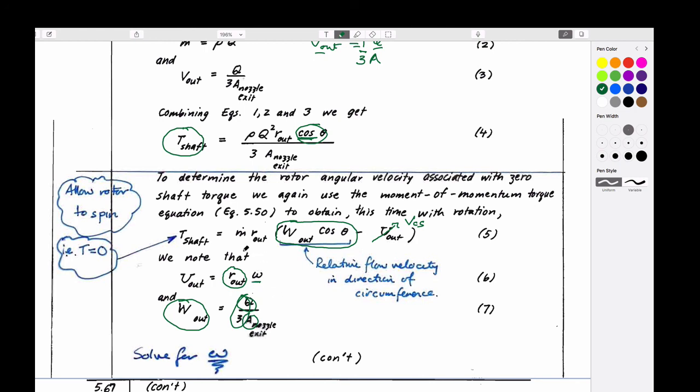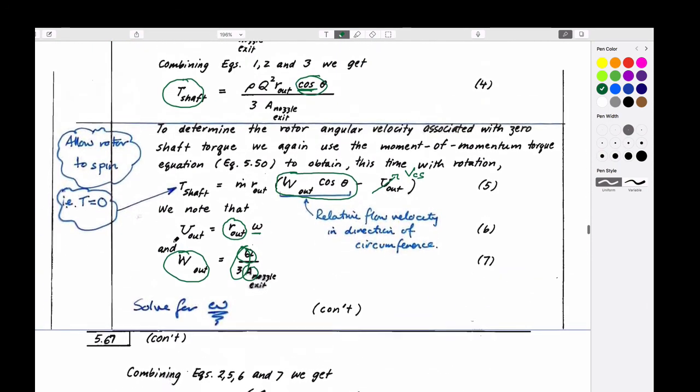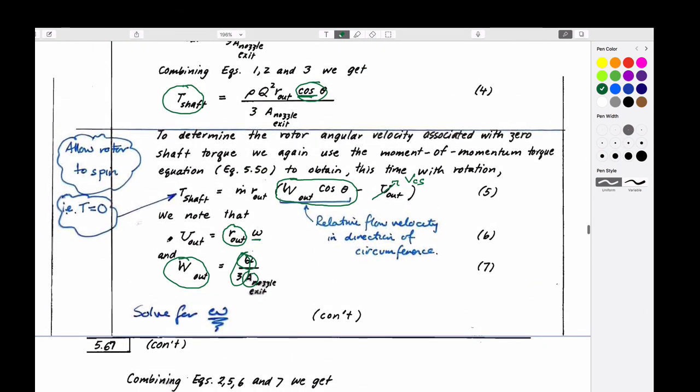you have a relationship, and you could do two things. You could either hold this velocity at 0, in which case you could calculate the torque you have to apply to keep it static, or you could release the shaft torque and allow it to find out what velocity it would move at. It's exactly what we did for the moving trolley.